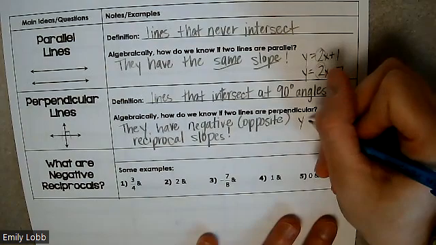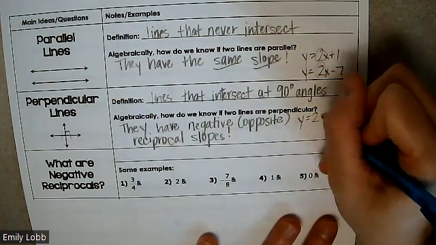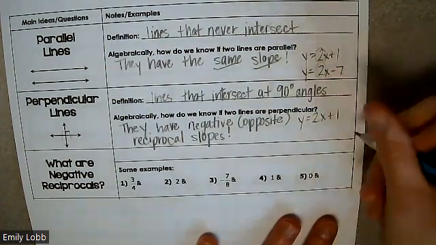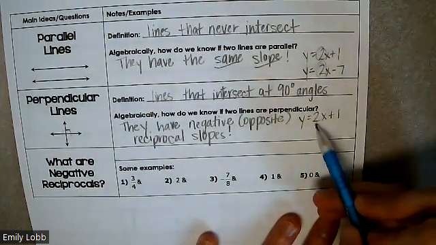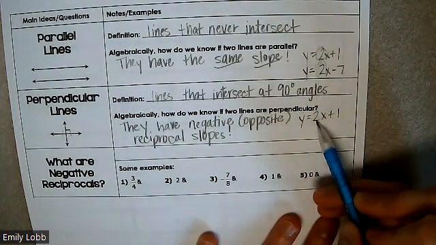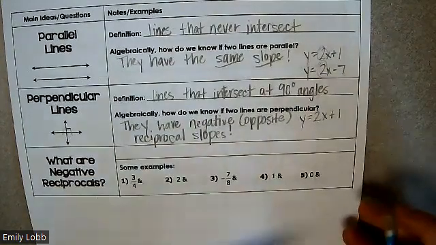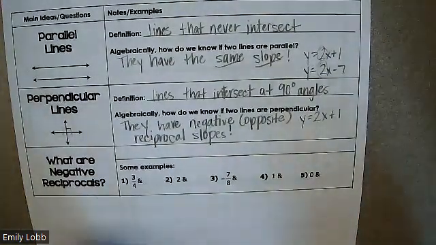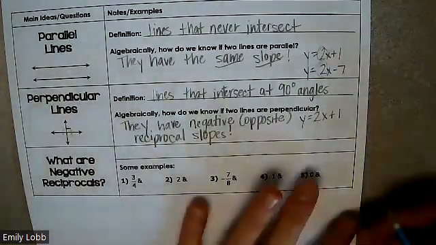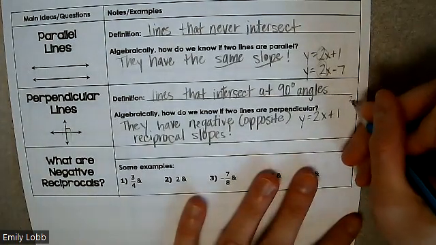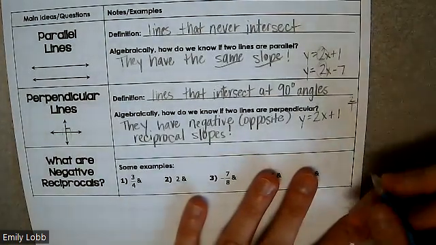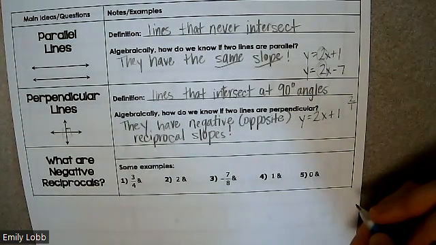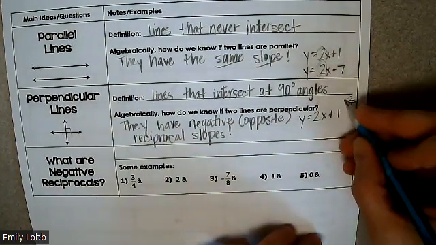So here are examples for that. If y is equal to 2x + 1, notice this slope is 2. What's the opposite of 2? Negative 2. And if you think about 2 as a fraction, 2 over 1, what's the reciprocal of that? It gets flipped.